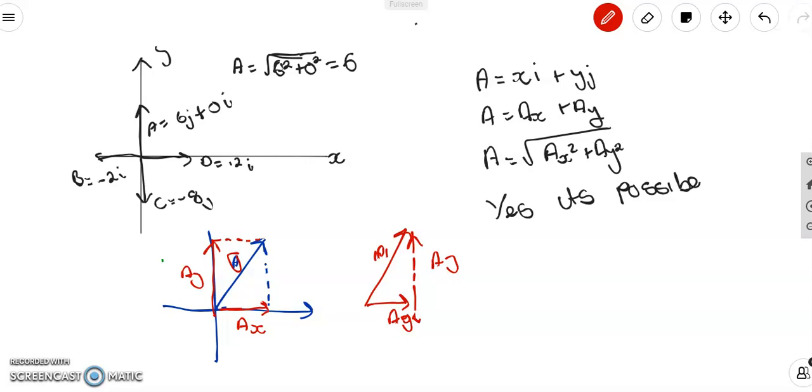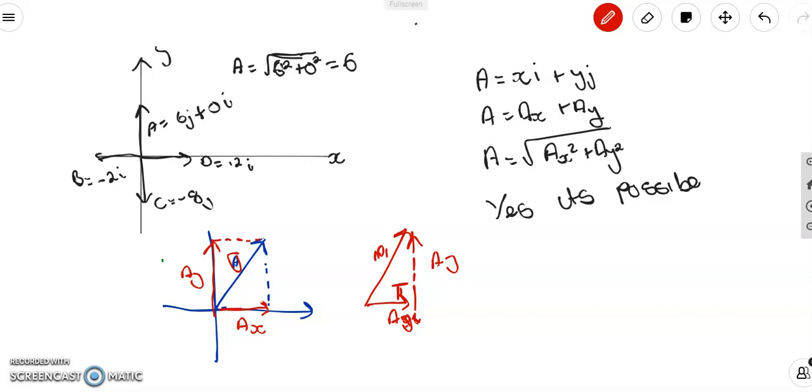My drawing pad isn't that good. As you can see, the magnitude of the vector is the hypotenuse of this right angle triangle. The hypotenuse is always the longest side of the triangle. There is no way this side can be bigger than that hypotenuse. There's no way the ay component can be bigger than the hypotenuse.